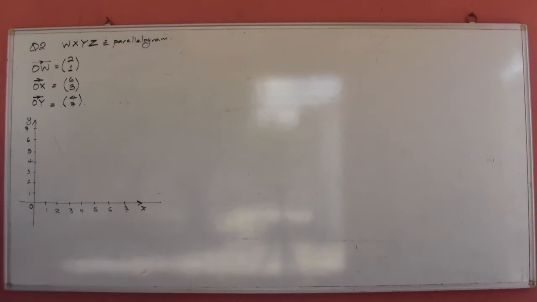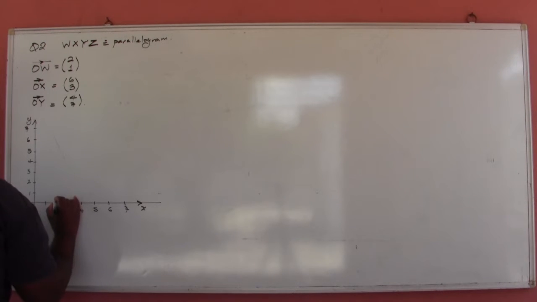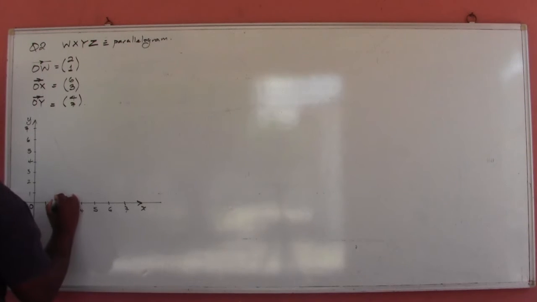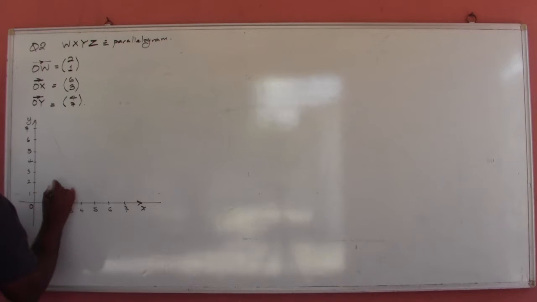Essentially what we want to do is just show the different positions. The position vector of W is (2, 1). It means that W is the point (2, 1). So this would be the point W.